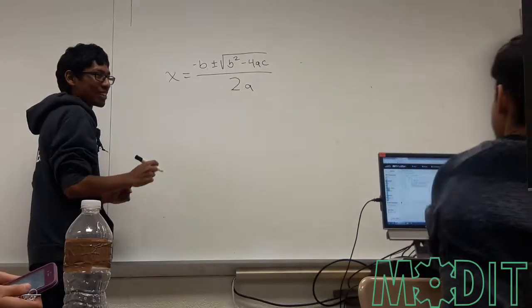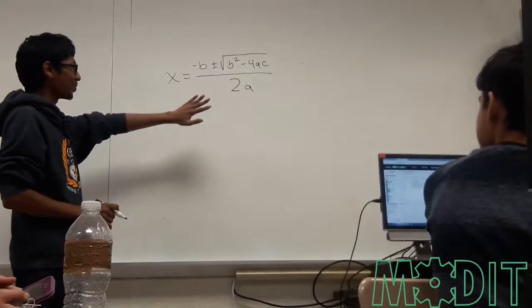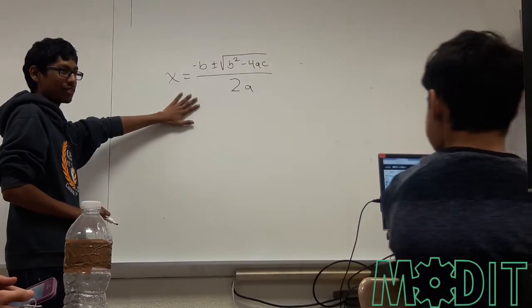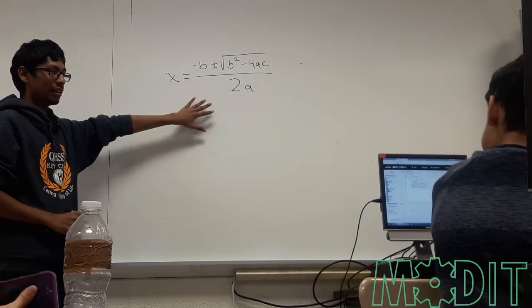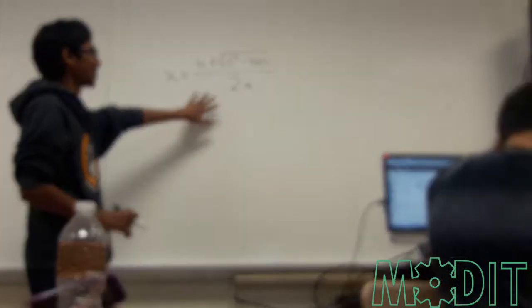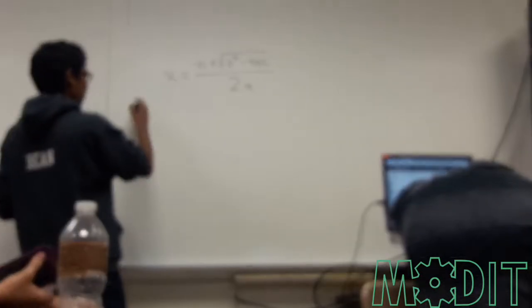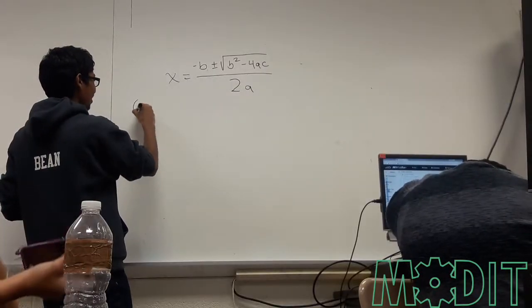Okay, so these are our 2 roots. We can write this using parentheses to make it easier to find our 2 roots and to write it in our code.